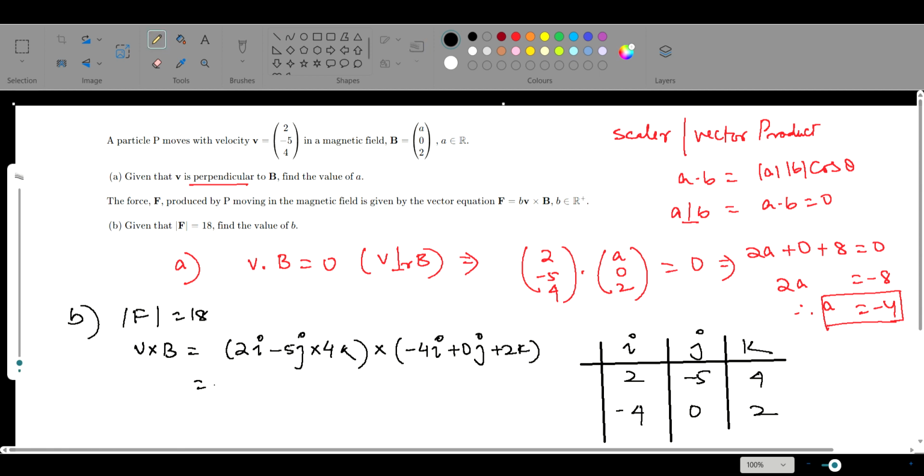Alright, so for the i vector, I'll have minus 5 times 2. Done. Great. For the j vector, we have 2 times 2, minus, minus, plus, 4 plus 16, 20. Good. For the k, we have 2 times 0 minus, minus 20. So check the answer if you have.